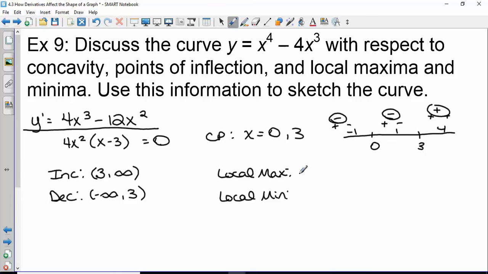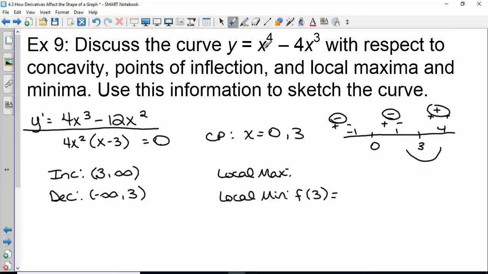Okay, local max and local min. So if I look, this one didn't change. At 3, we went from decreasing to increasing, so that is a local min. So f of 3 equals, where do I plug that 3 in? The original.